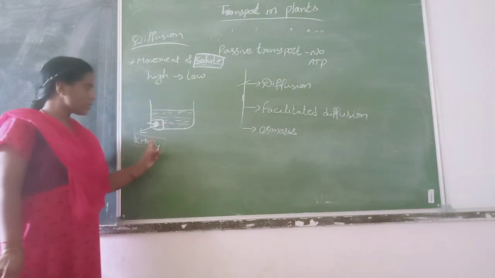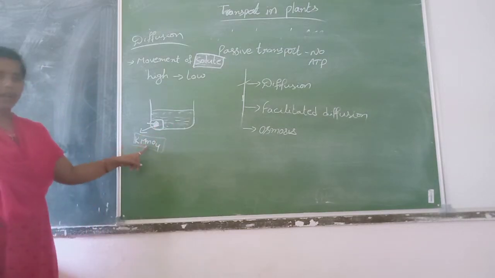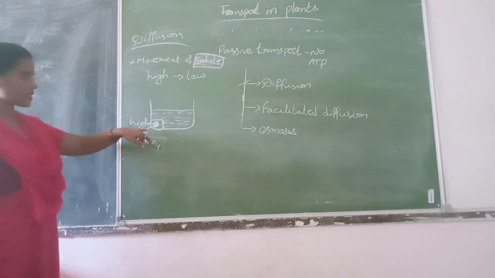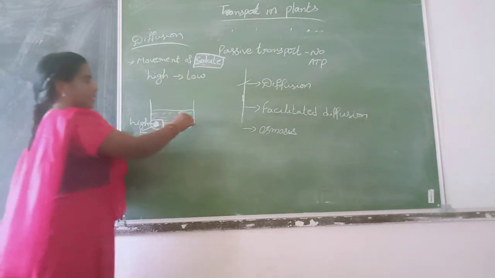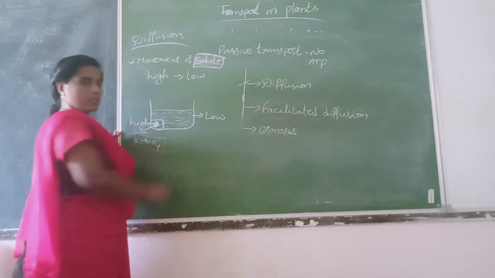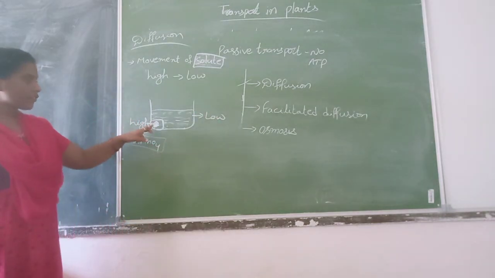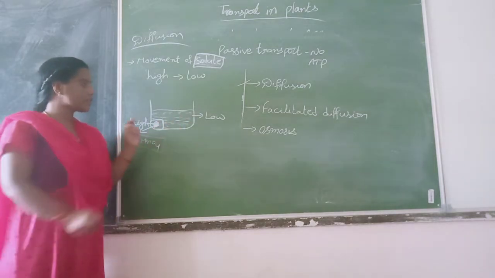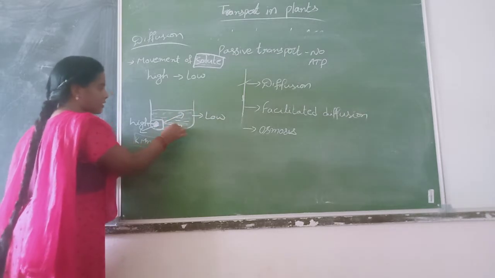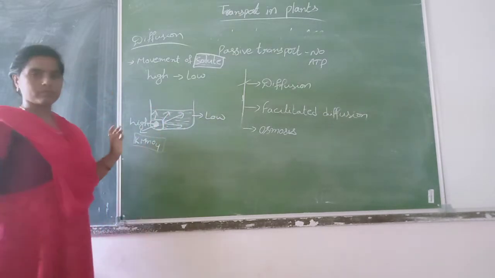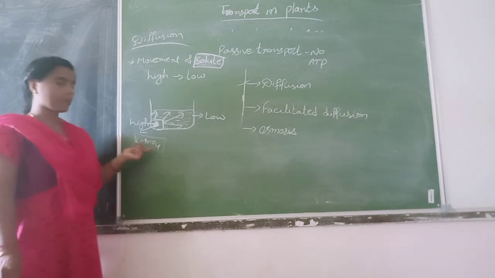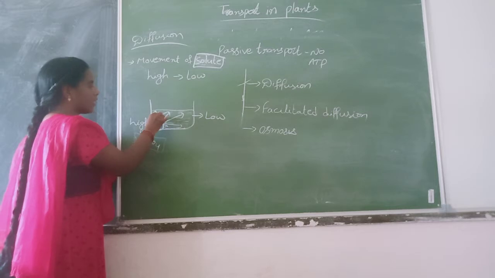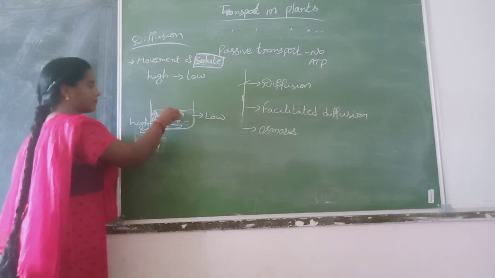So here these molecules are low and this is high. So this is a high concentrated area. Solute particles are high at this corner but low here. So automatically from this high concentrated area, movement of molecules will take place to the lower concentration. It means KMnO4, potassium permanganate molecules, start to move slowly towards the lower concentration area.